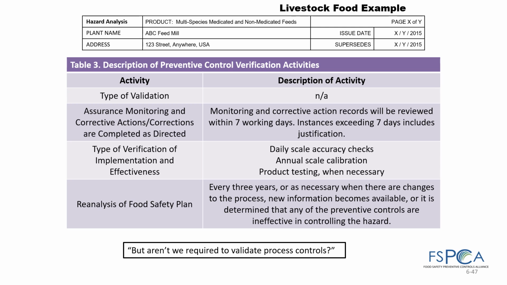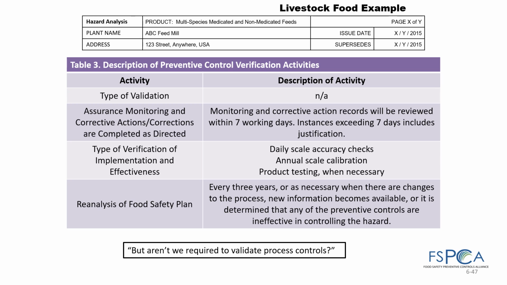Validation, this company put NA in the validation description. But I told you a little bit earlier, that validation is required for a process control. Okay, so I want you to take a minute to think about why this company would be able to get away with putting NA in this validation description.